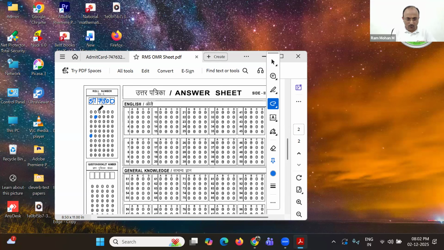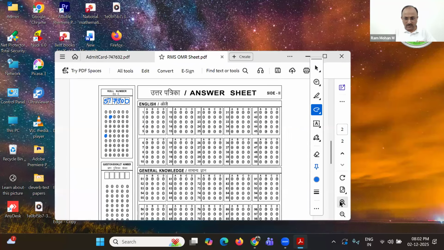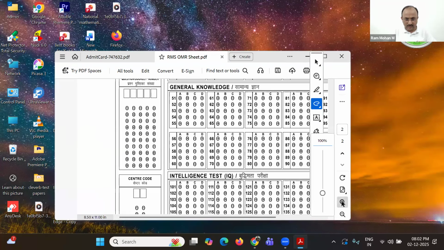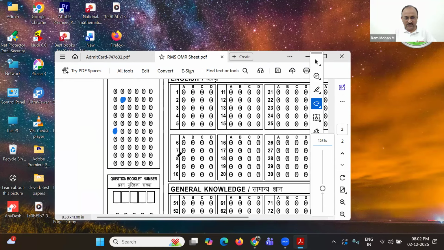The next one is 7: 1, 2, 3, 4, 5, 6, 7. Normally the numbers are printed there. It will be a little bigger, okay? If you want me to make it big, I will make it a little bigger so that we can see that better. Yeah, now you are able to see this properly. A little bit better, I think.